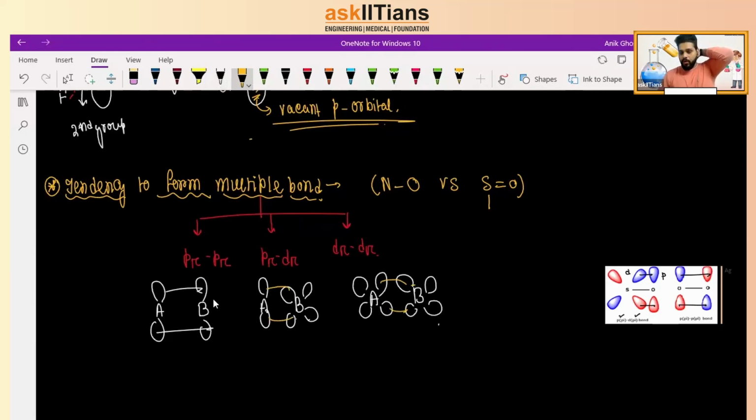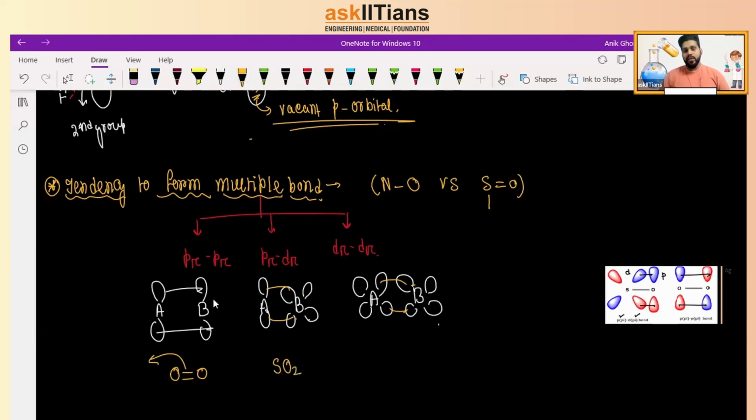Now, if I talk about an example of p pi bonding, you can understand, guys, the formation of the oxygen molecule. This pi bonding is made up of the 2p orbital of both the oxygens. So that's why it is a p pi p pi. If I take p pi d pi bonding, then we can take an example of SO2.